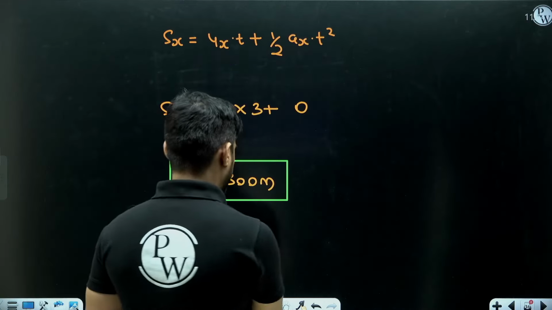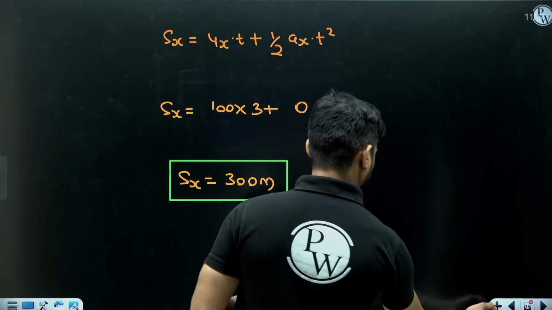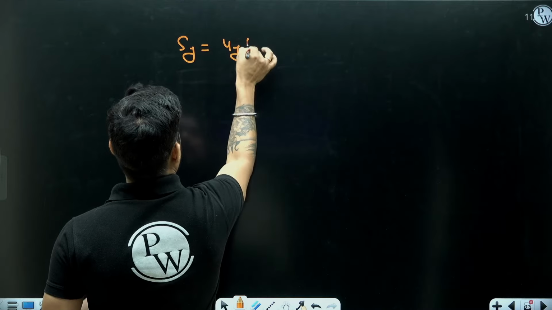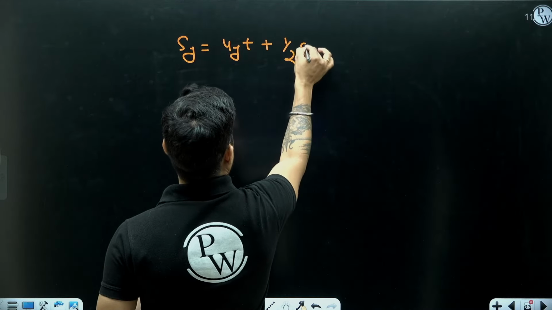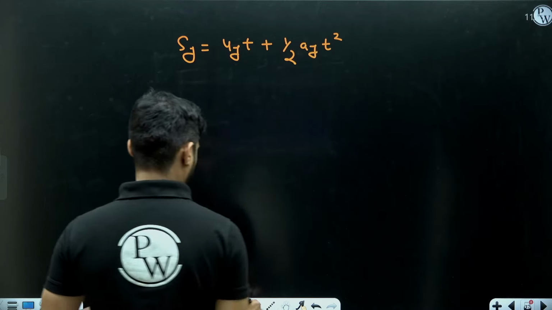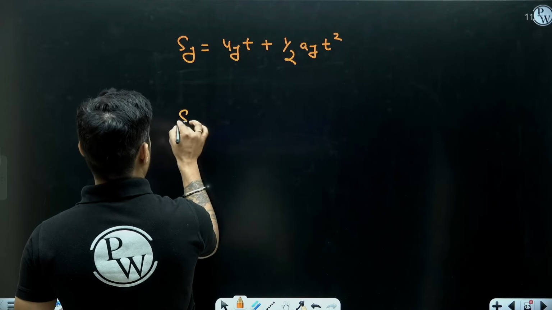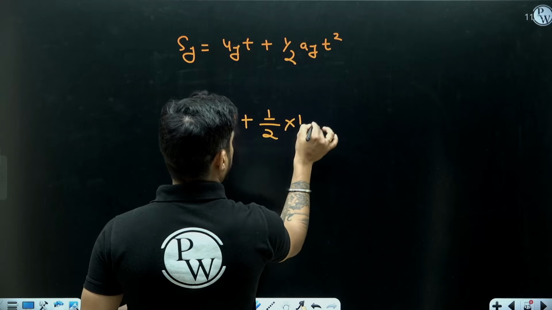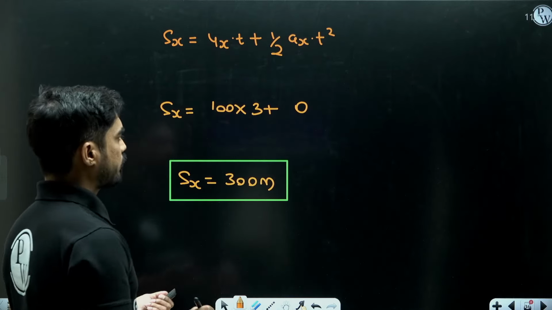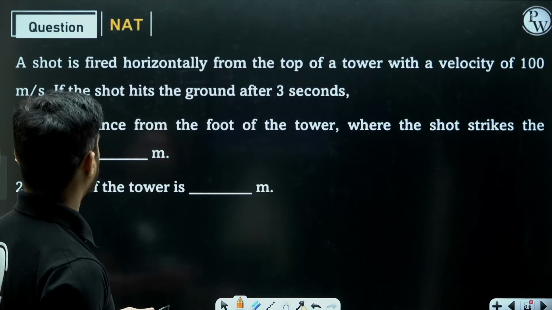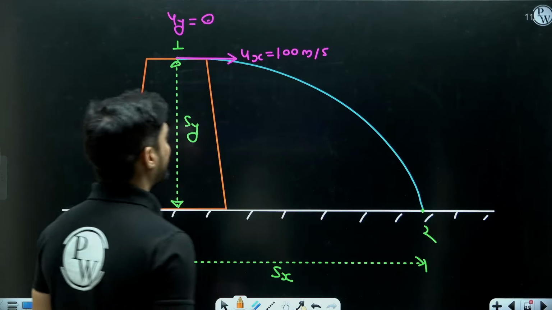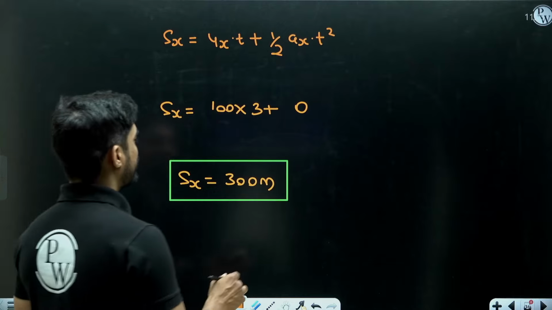So how do we find Sy? Again, same thing: uy into t plus half into ay into t square. Now uy is 0. ay is g, let's say 10. They have not mentioned it, so I will assume g equals 10 and t equals 3 seconds.